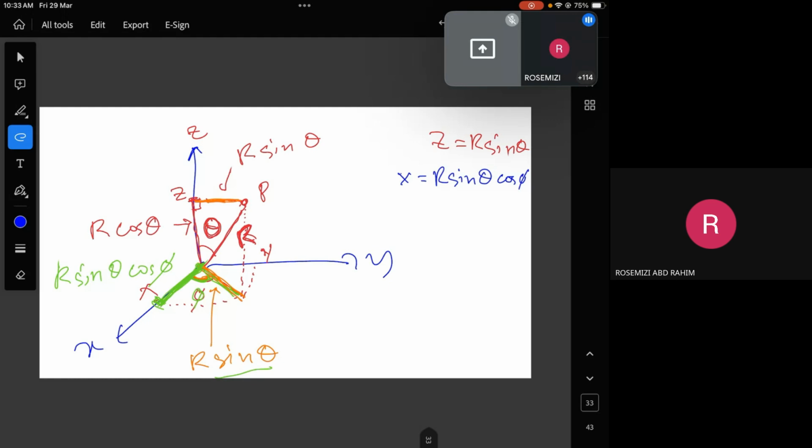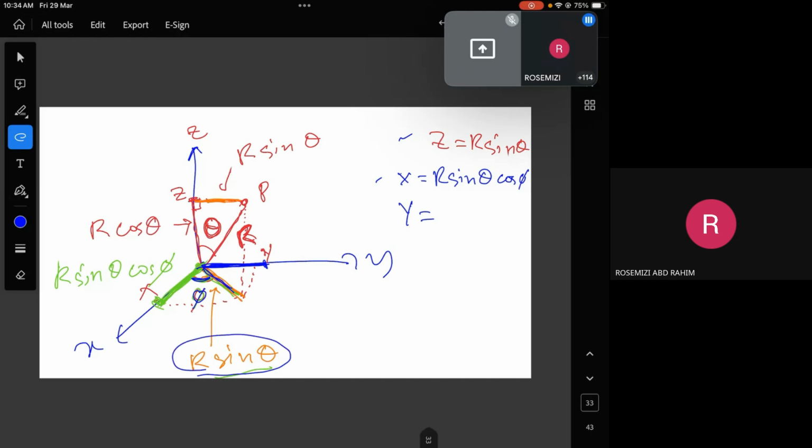Okay, next is the value for Z. Sorry, Z we got it, X we got it, and now it's Y. The value for Y. Y is here. Y equals, okay, this phi, and we have R sine theta here.